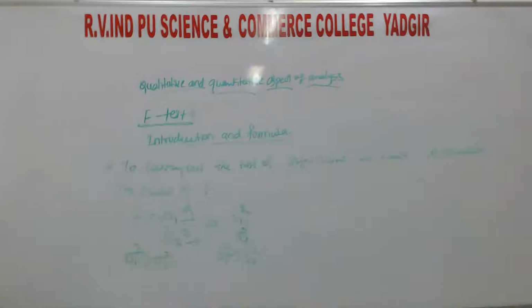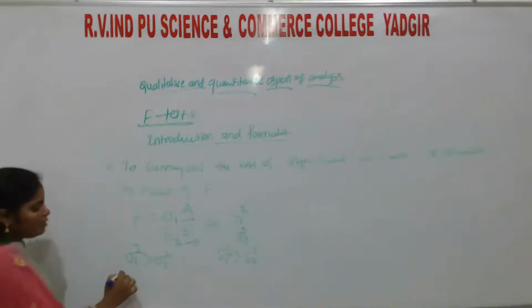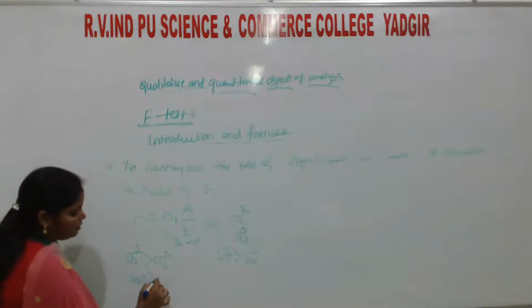And here the variance is the square of standard deviation.